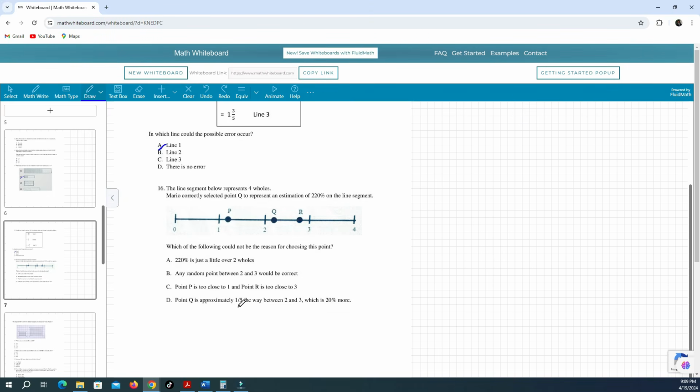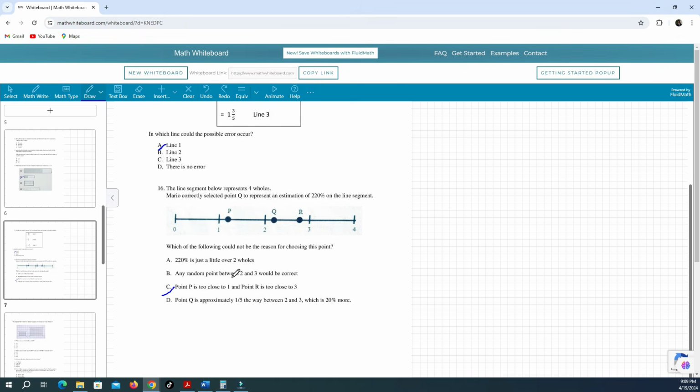Point Q is approximately halfway between 2 and 3, which is 2.20. And the question again is, Mario correctly selected which of the following could not be the reason for choosing this point? Okay, I would say C. Point P is too close, I don't think they're too close, and point R is too close. So I would select C.